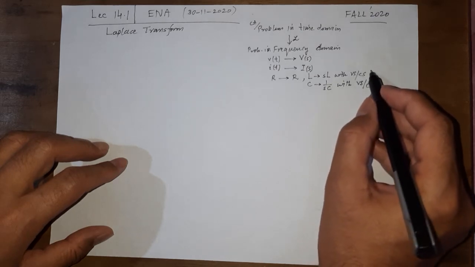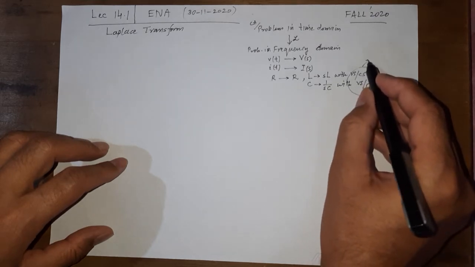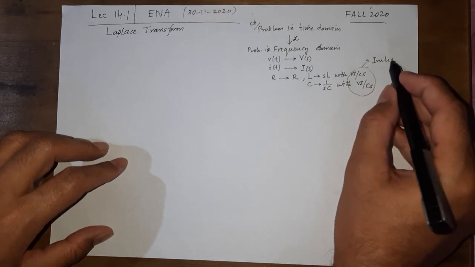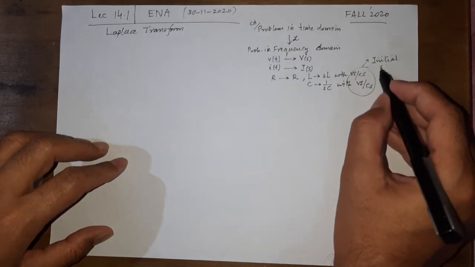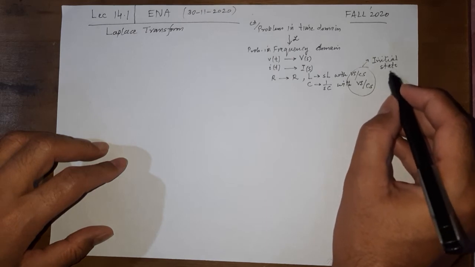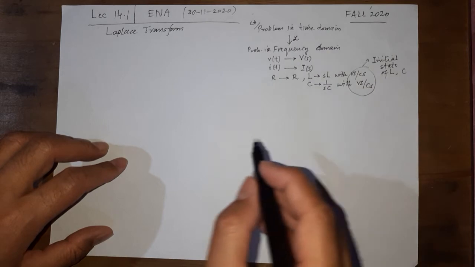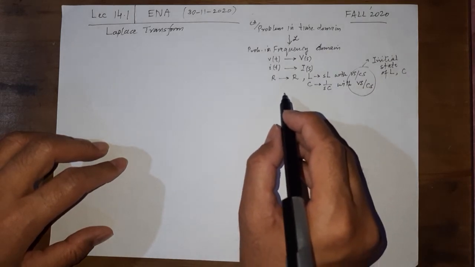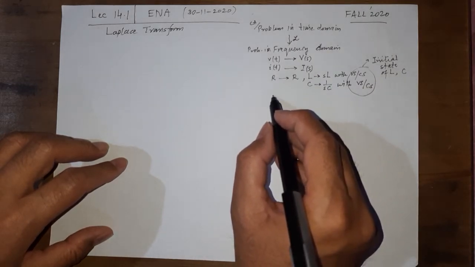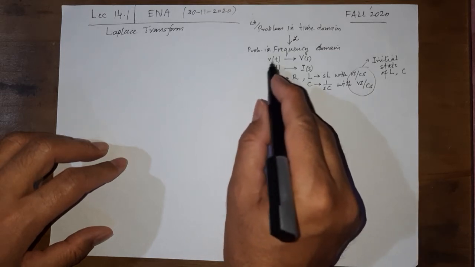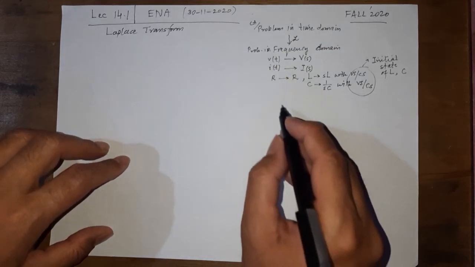These two things depend on the initial conditions or the initial state of the inductor or capacitor, and then we convert all the sources as well, that is covered in converting these voltages and currents.